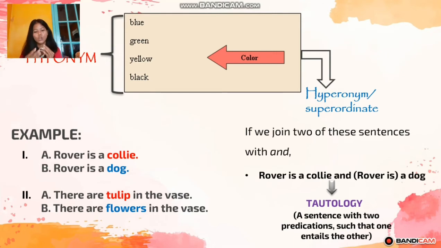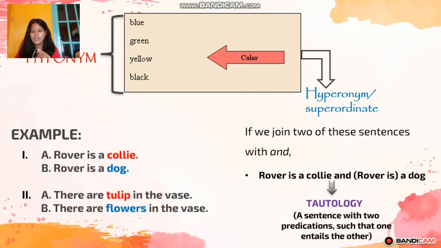The term collie is a hyponym of dog, and tulip is a hyponym of flower. Dog and flower are the hypernyms or superordinates of collie and tulip. And we can also say a collie is a dog and a tulip is a flower.